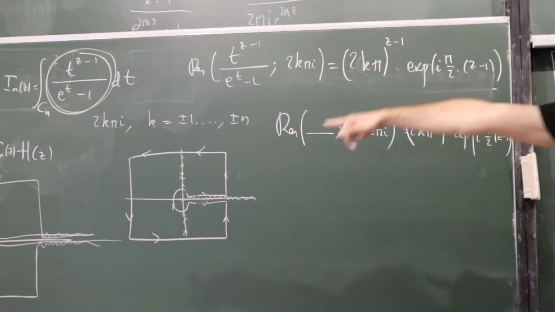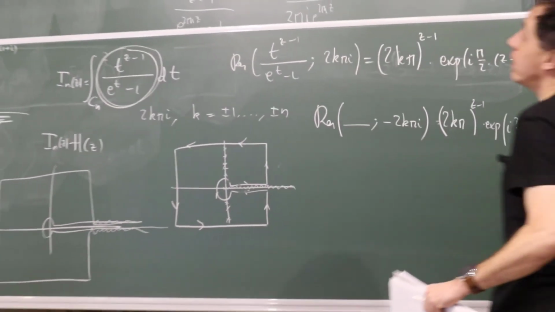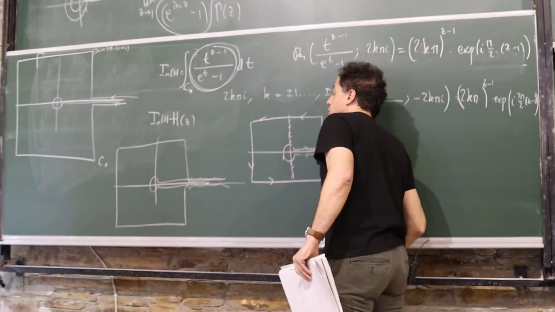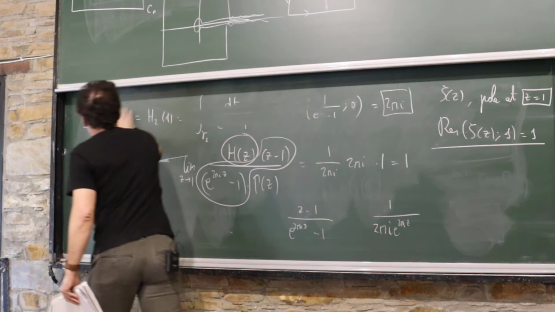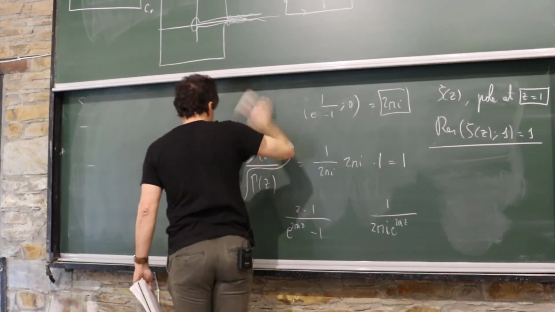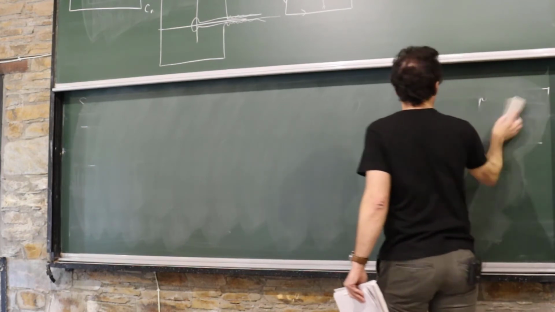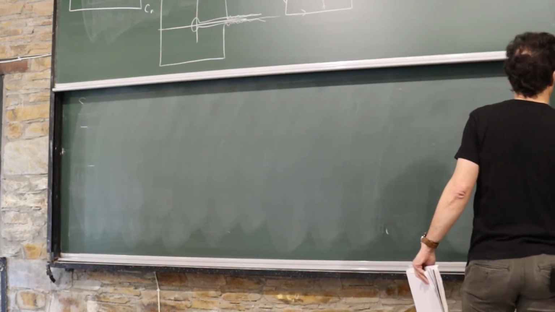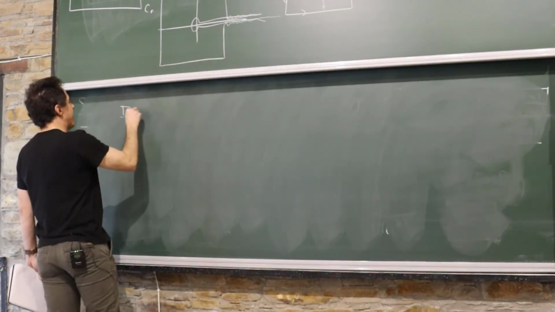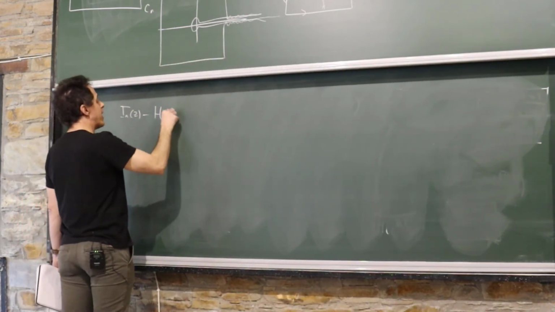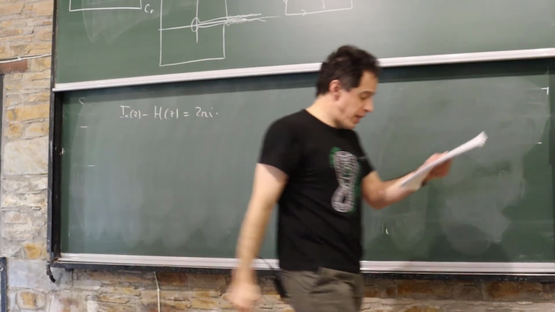So this difference of integrals, I_n(z) minus h(z), can be computed as 2 pi i times the sum of the residues.